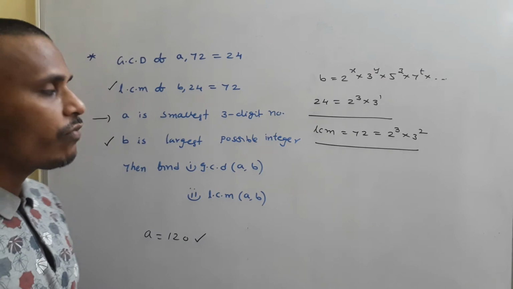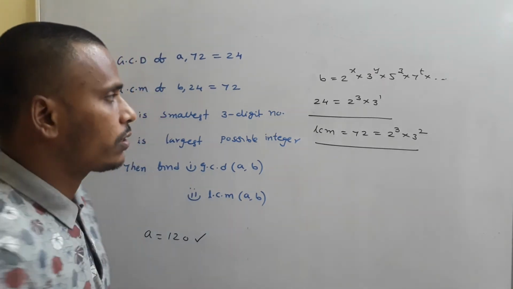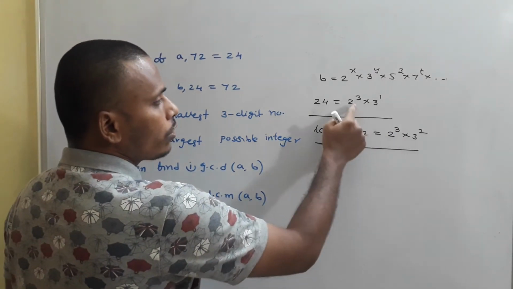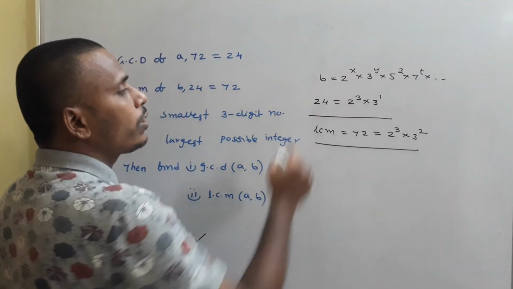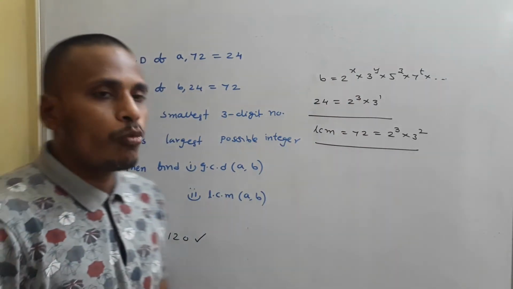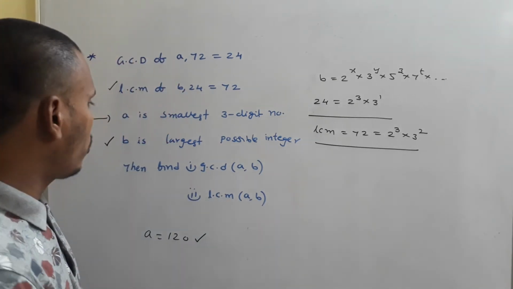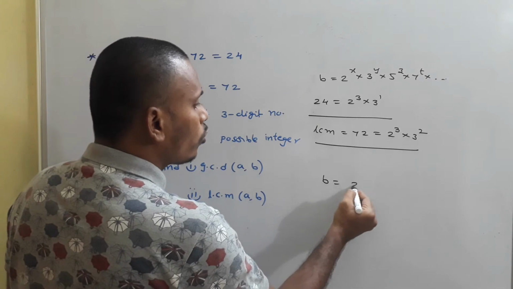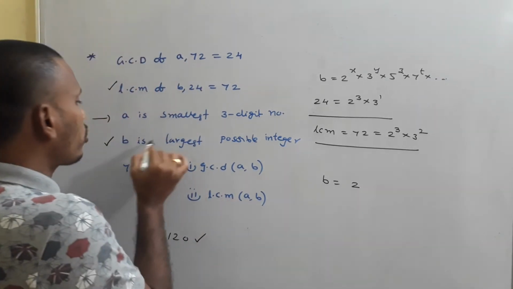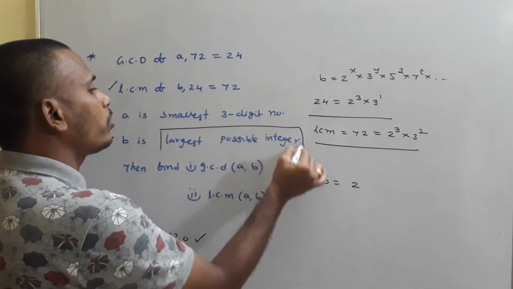Usually for LCM we will use what? Highest powers. Since 2 cube is used, this power 3 is the highest number. So what are the possibilities for x? In x you may take either 0 or 1 or 2. Fine. The question is about finding the largest possible integer.